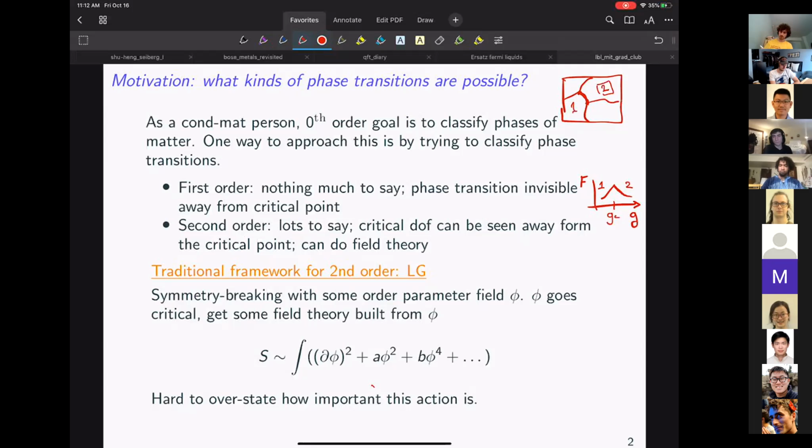But if I'm starting from phase 1 here and I'm tuning g, I get to g_c, and then I go to phase 2. The free energy just kind of is this. And when you have a first order transition away from the critical point, there's zero effect in coupling constant space where you just go.